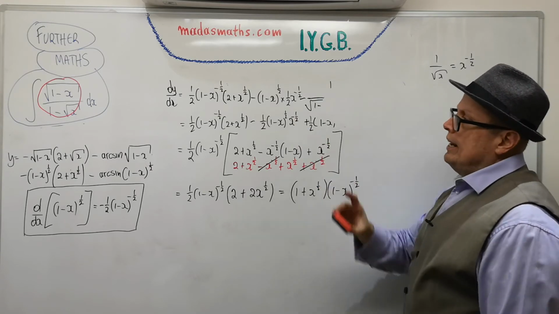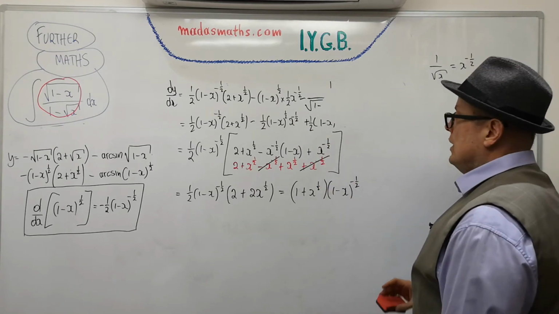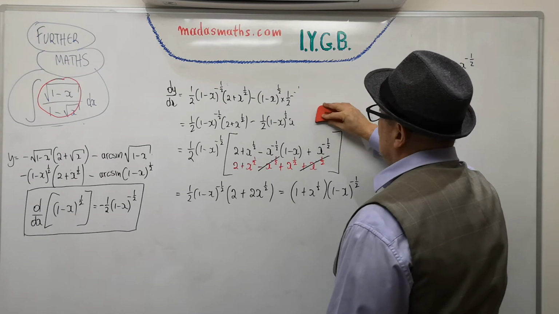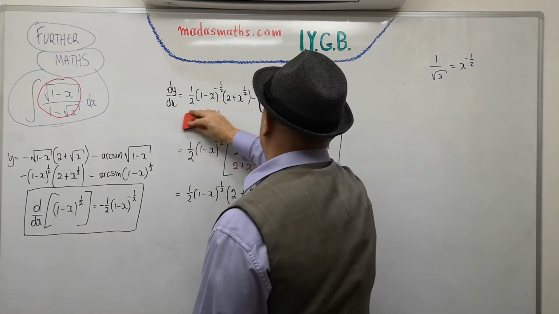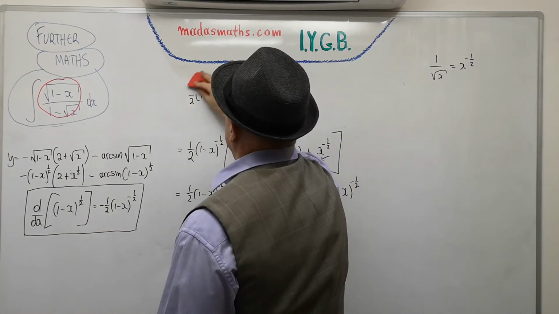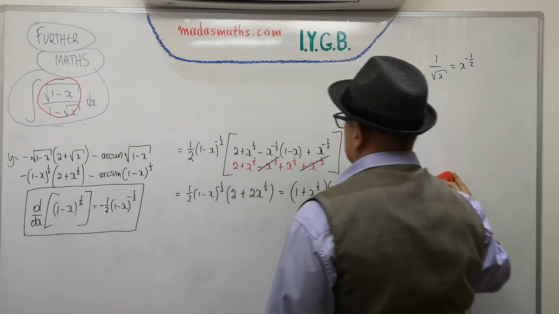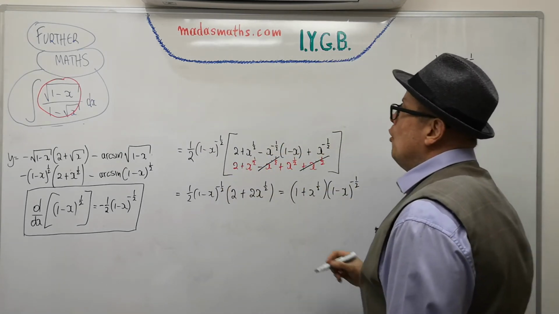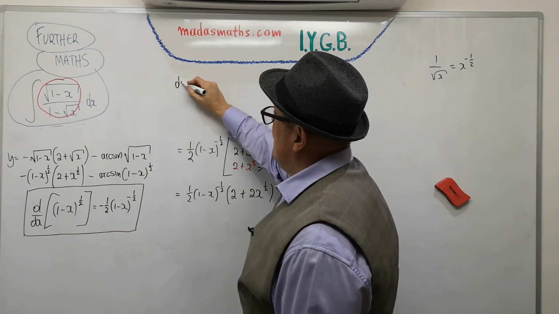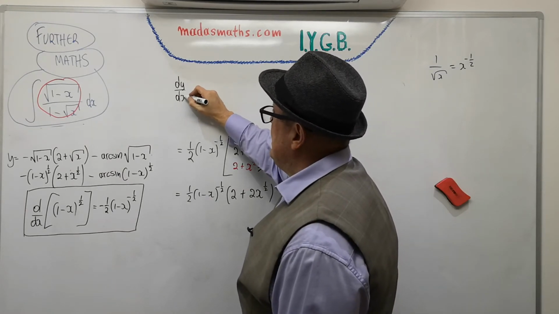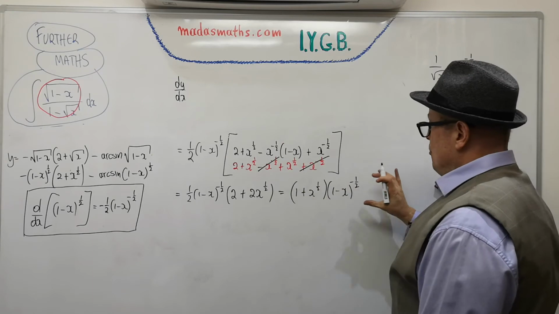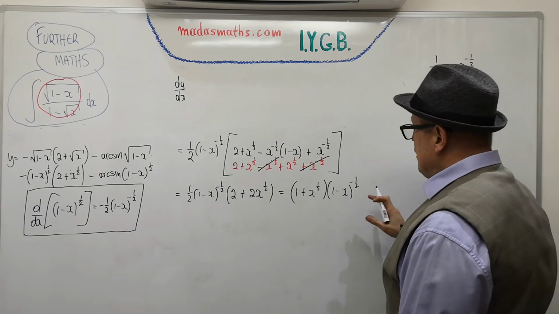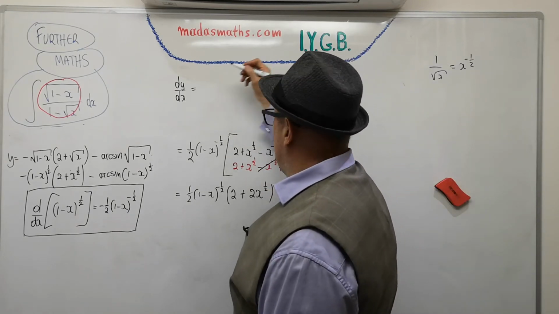And this looks simple enough. The question, at first glance, is not what I've got, but having done the integral beforehand, I know this is how I'm going to go from this line to this line. Normally, if we were just given this differentiation, it might be a little bit difficult. Most of the marks will be up to there, but it might be a bit difficult to see what to do next. So this is how far we got.